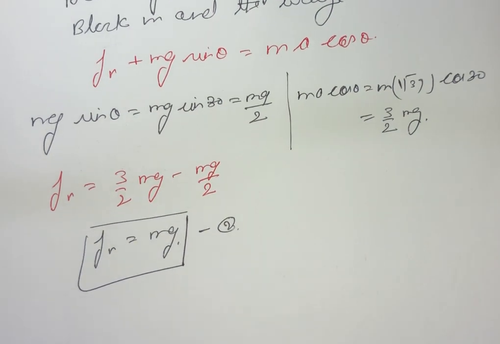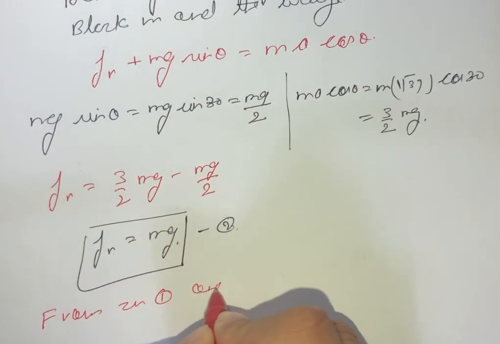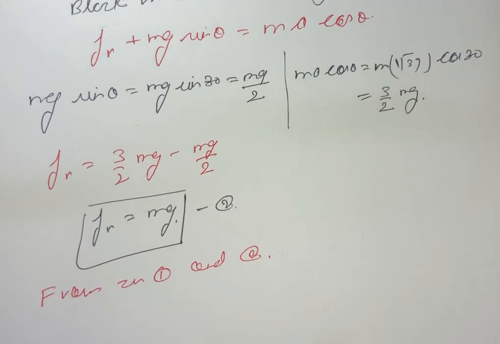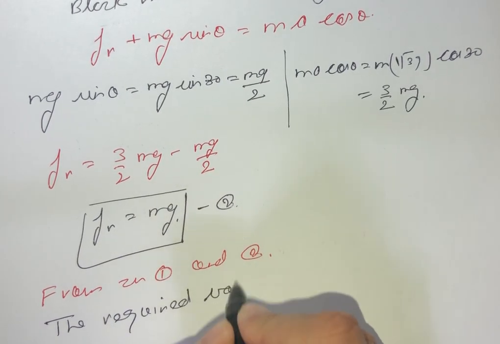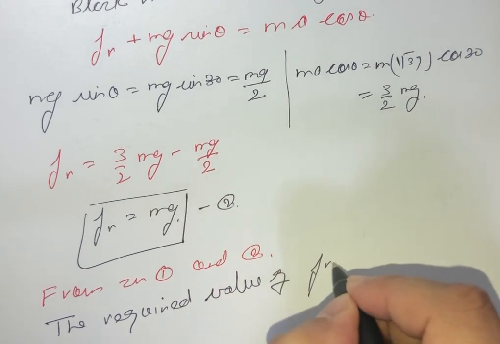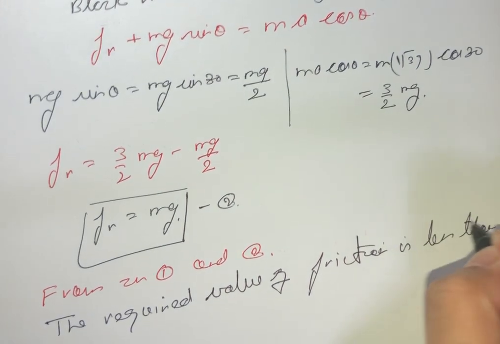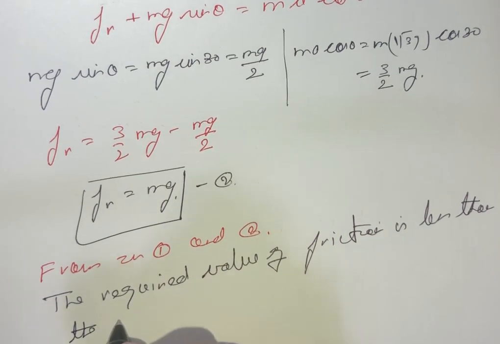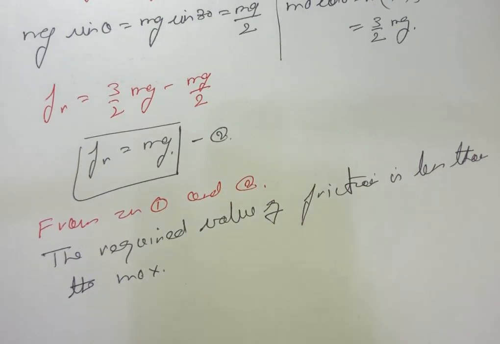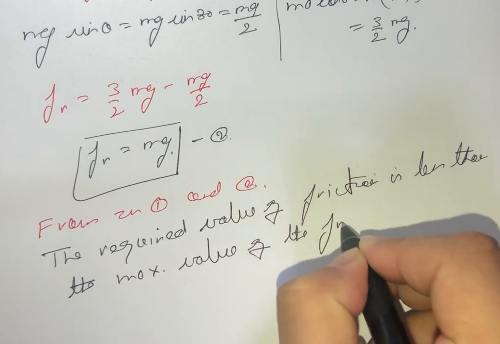Let this be equation number 2. So from equation 1 and 2, the required value of the friction is less than the maximum value of the friction.